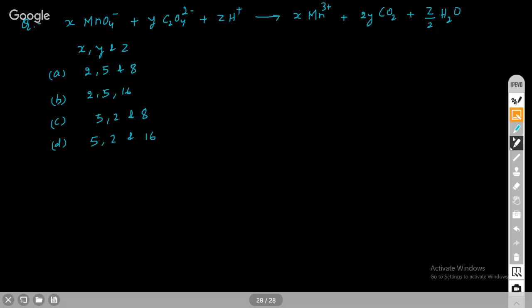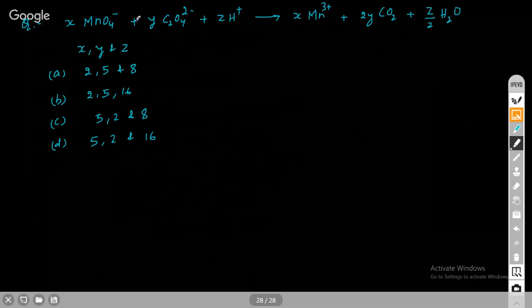Okay, yes. So in this kind of question, when they are asking x, y, and z, the best way is to cross check the options. Put all these options here and check whether the elements are balanced or not. Also check whether the charges are balanced or not. So two things you must take care of.